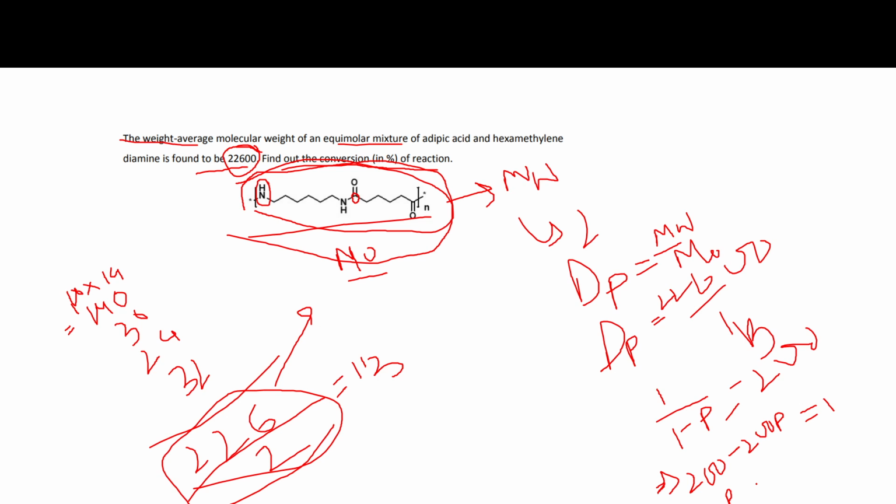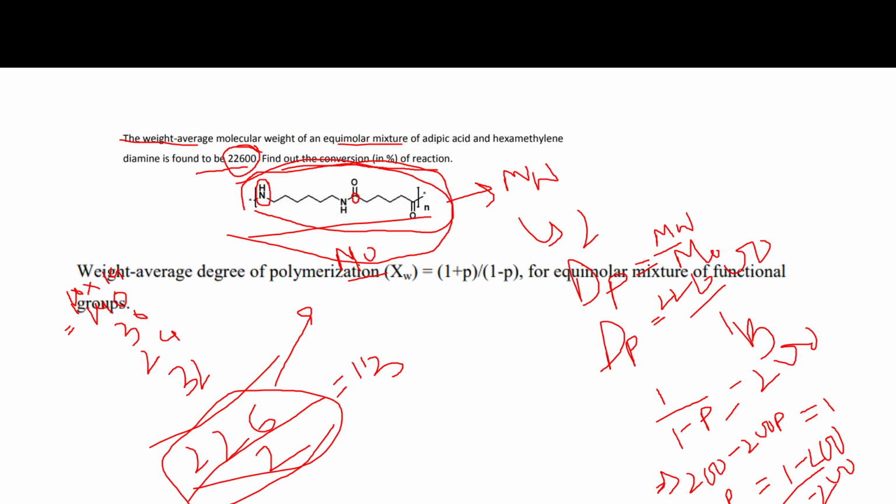So from here we can calculate that p. So p will be equal to 1 minus 1 divided by 200. We can calculate the p from here. So it will be 199 divided by 200.